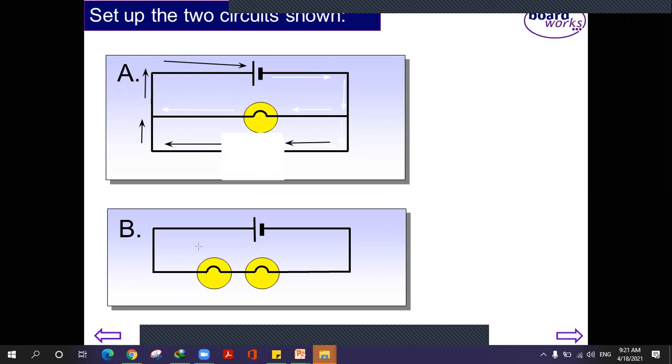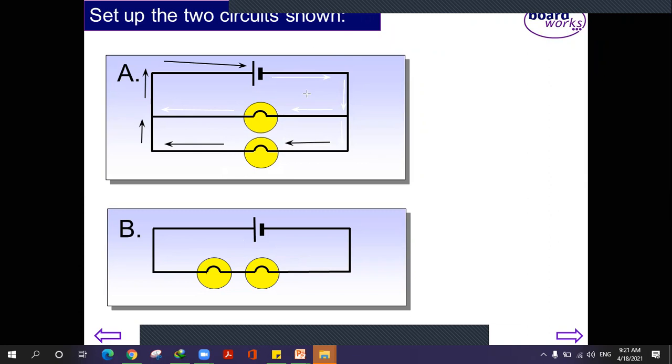But on circuit B, if one breaks down, what happens? It will stop. Both of them stop. Yes, well done. So what do we call the one up there? A is called a parallel circuit. In a parallel circuit, we have many paths for electricity to move through, so they are not connected on one loop.